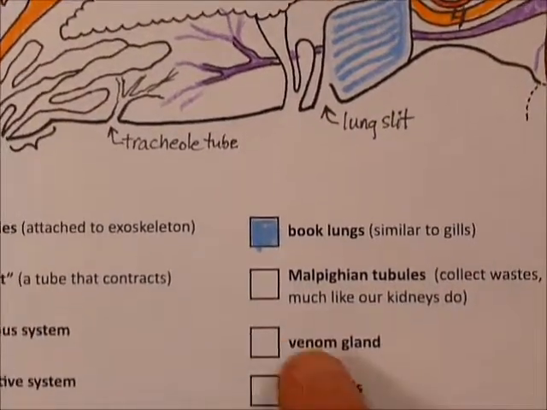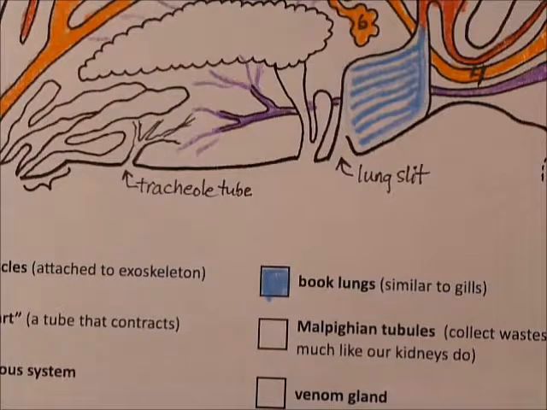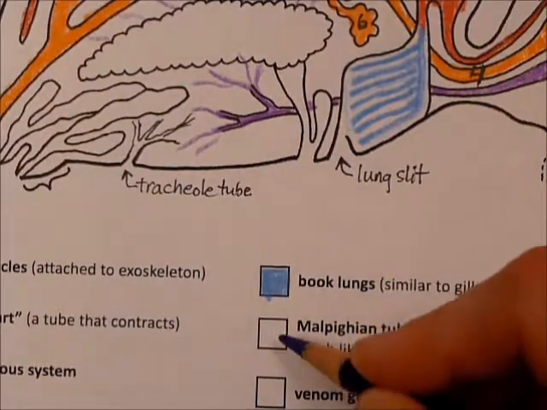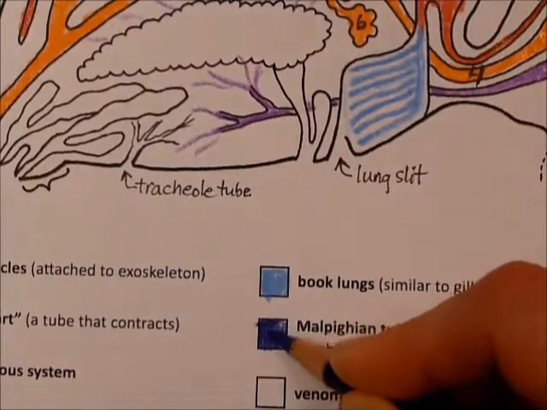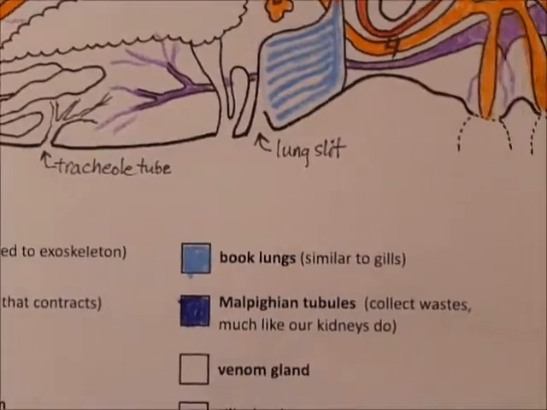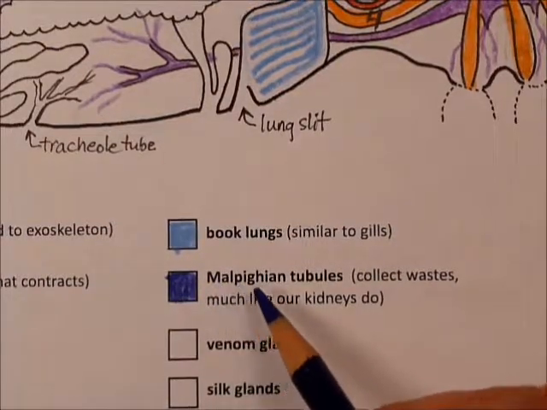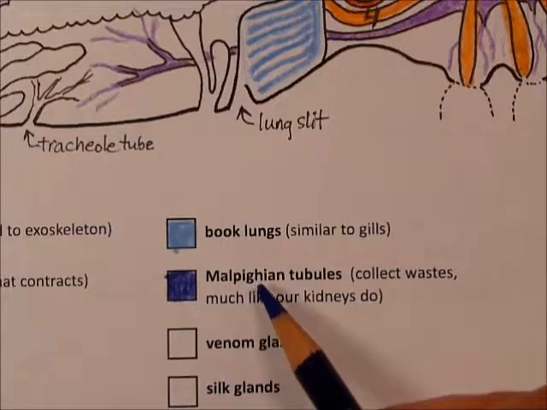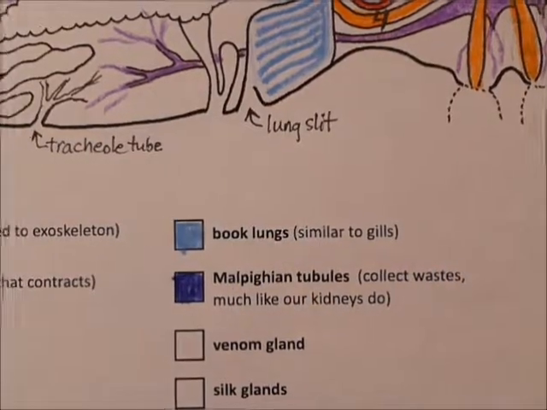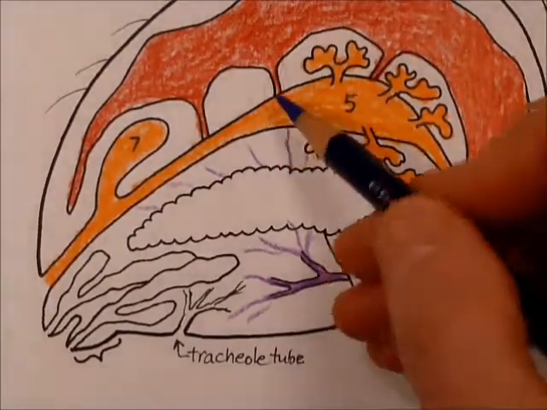So let's just finish these up right now. I'm going to use a dark blue for my Malpighian tubules. And they're called Malpighian because the guy that discovered these was an Italian gentleman. His last name was Malpighi, so we call them Malpighian. And they are right here.